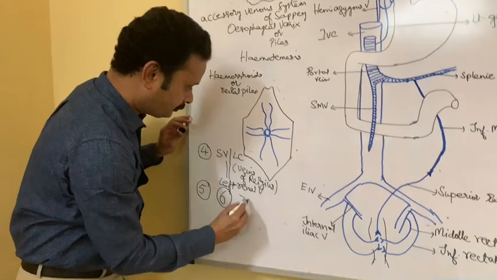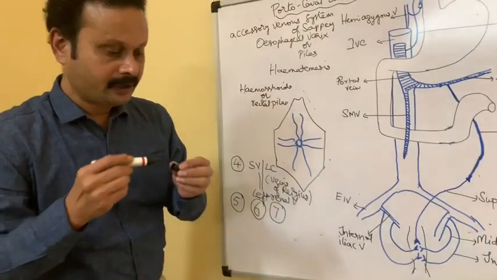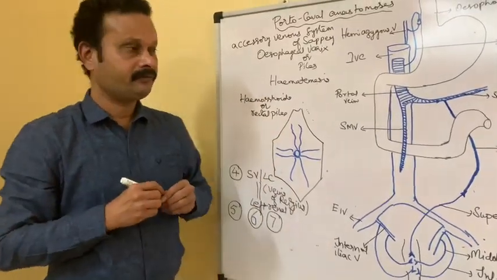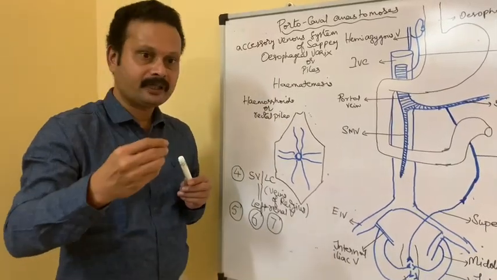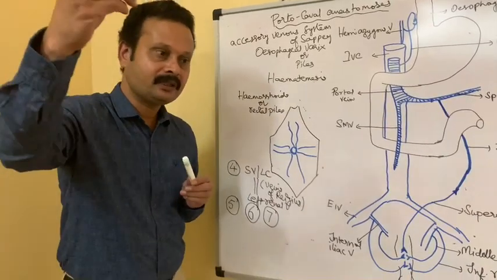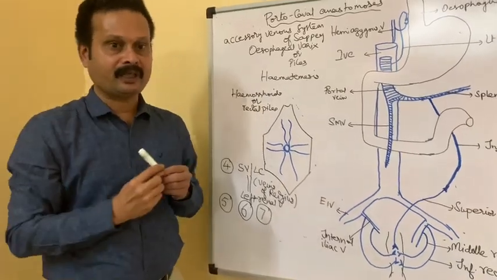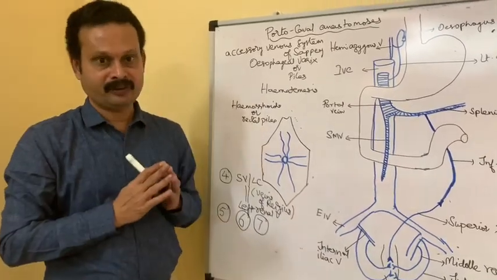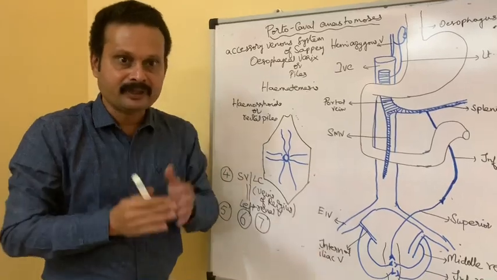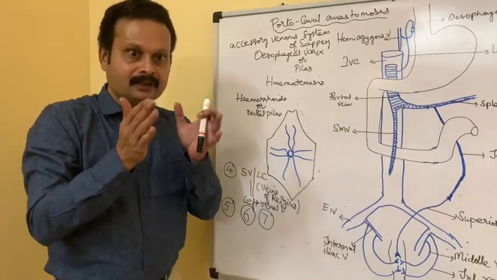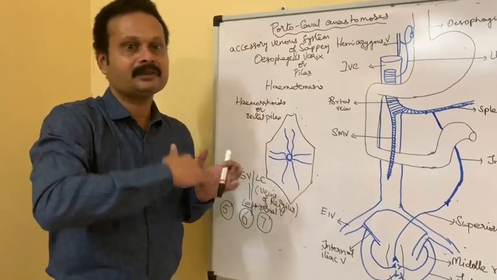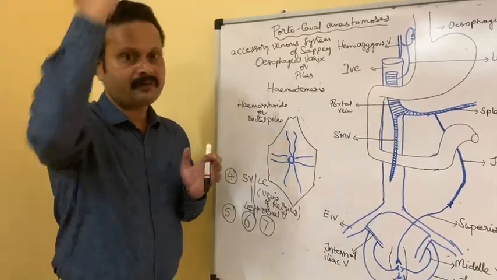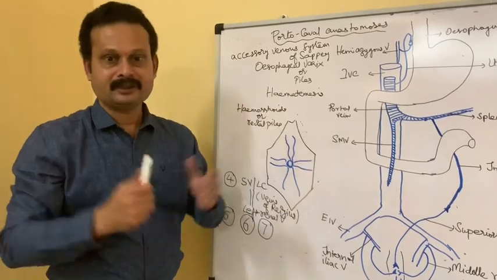Next one, in intrauterine life, the left branch of the portal vein communicates or anastomoses with the inferior vena cava by the ductus venosus. This happens in fetal life so as to shunt most of the oxygenated blood reaching the liver into the inferior vena cava and back into the right atrium for circulation.